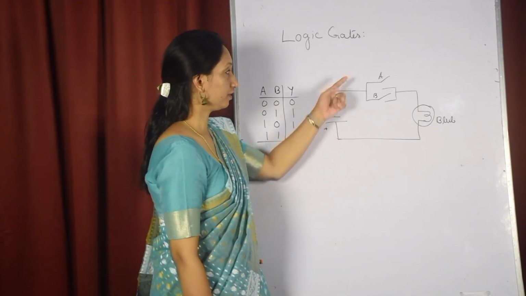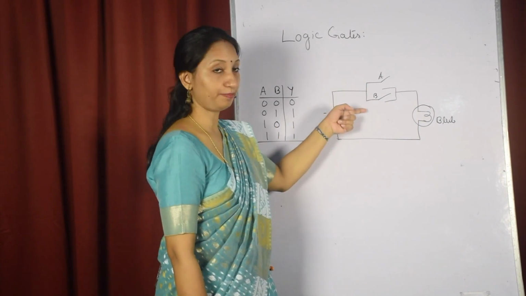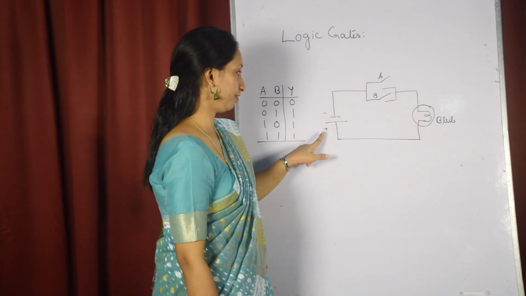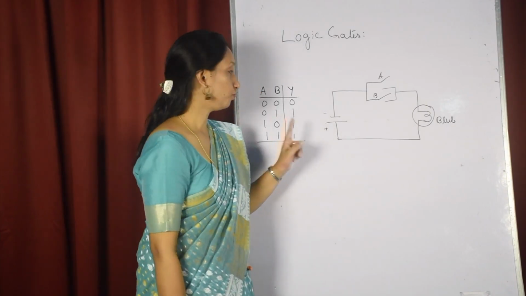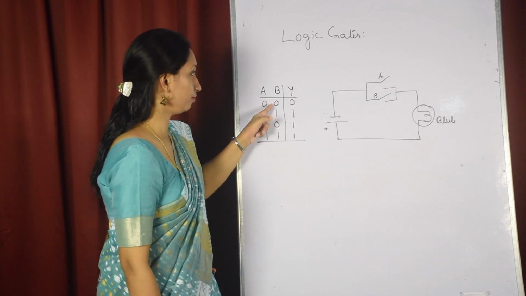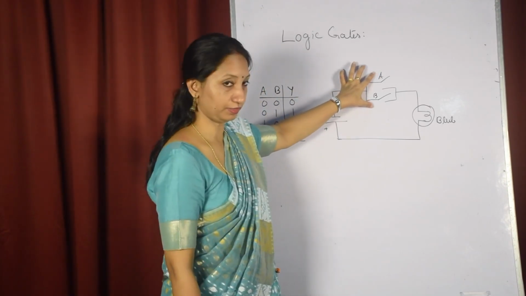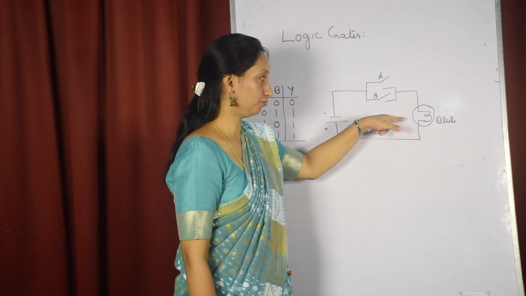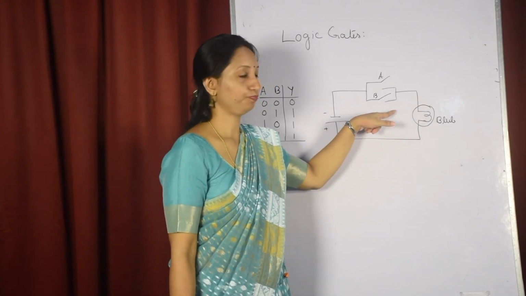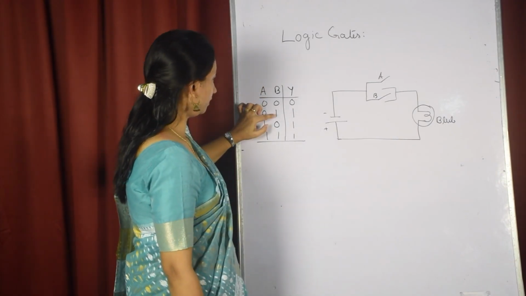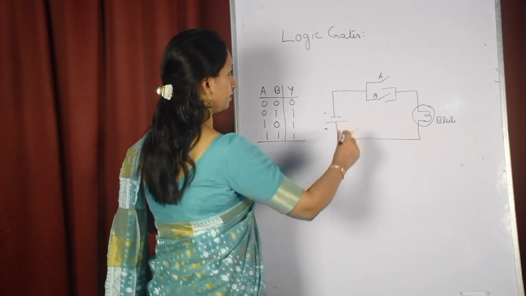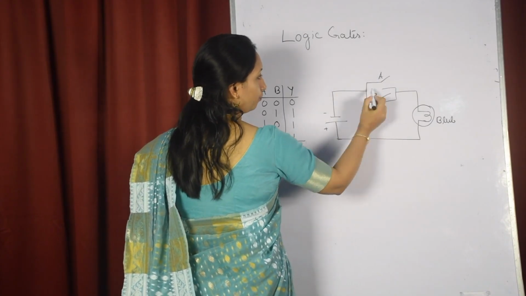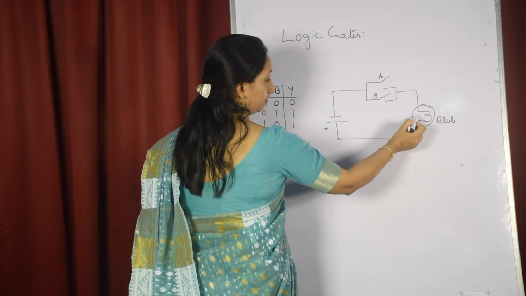Here we connected two switches in parallel, A and B, and a bulb is connected, and here we have given a battery. Now when both the inputs are 0, that means both the switches are open, then no current will flow, and the bulb will not glow. Then when any of the inputs is 1, suppose A is closed and B is open, then current will flow through switch A, and the bulb will glow.